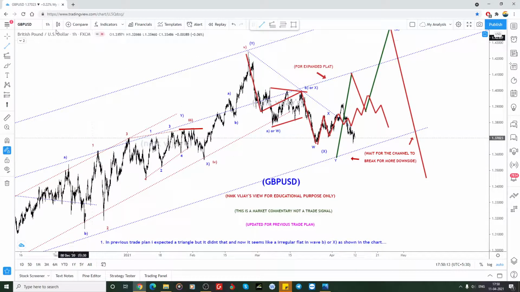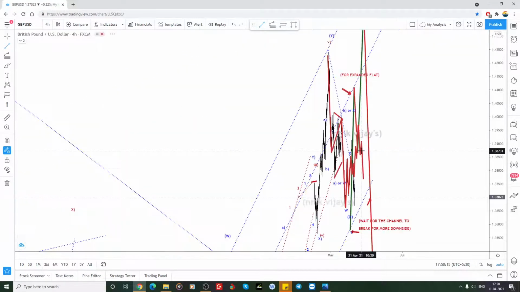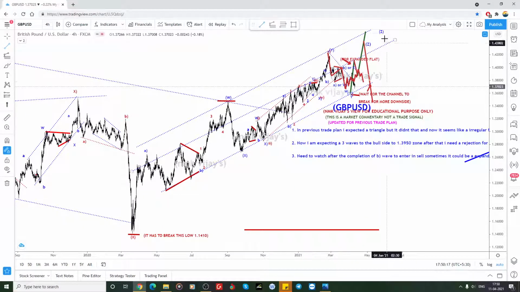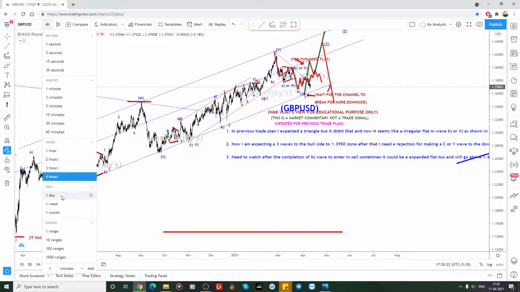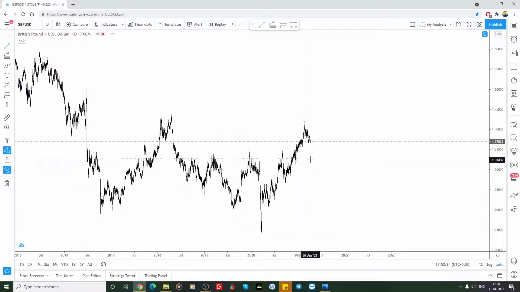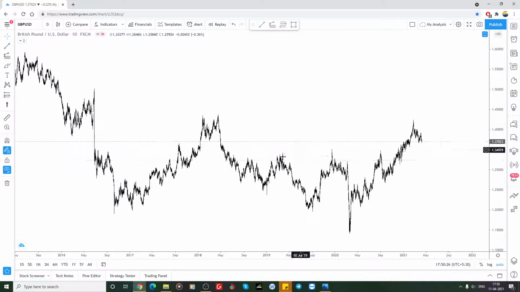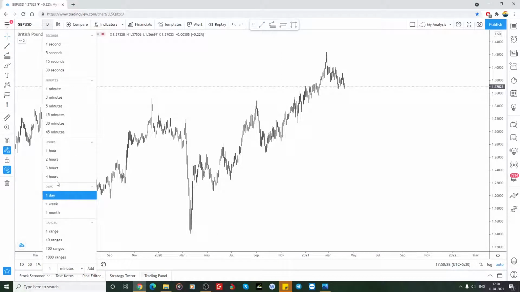Otherwise it can be a Z wave to reach that 1.45 also in that region. One second, yeah, in the daily, in the 4-hour.